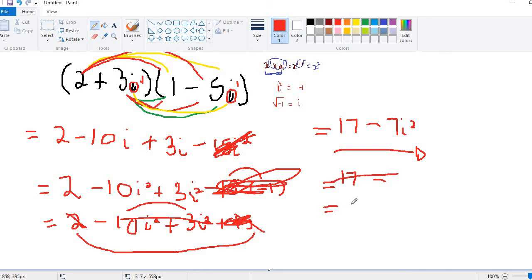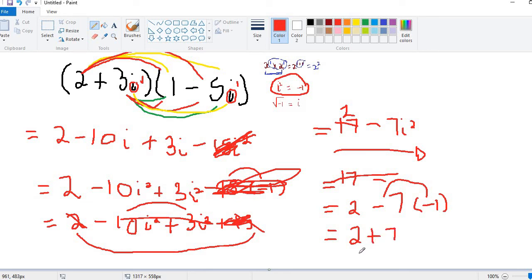Let's say here it's 2 minus 7, and then you are going to do this, -1. Remember, our rule says i squared is equal to -1, so you're just going to multiply -7 times -1 to get plus 7, and then you add these to get 9. Simple, right? So this is just the basics.